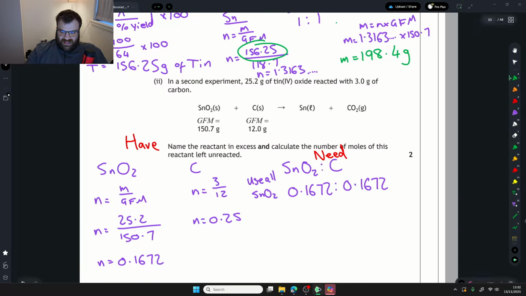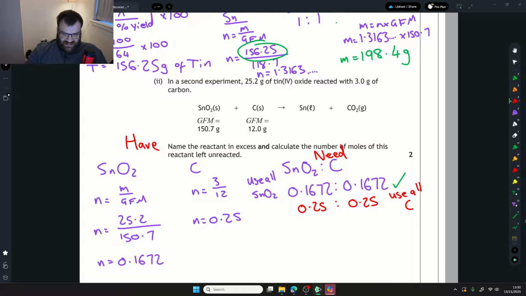On the other side, if we were going to use up all of the carbon, we would have needed 0.25 of the SnO2. We do not have that much. That's not going to work.